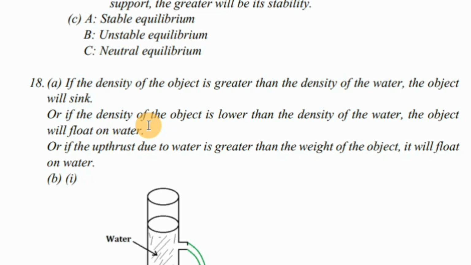We know that upthrust is the force of water pushing everything that's submerged in the liquid upward. If that force is greater than the weight of the object, the object has to float. Let us continue with B.